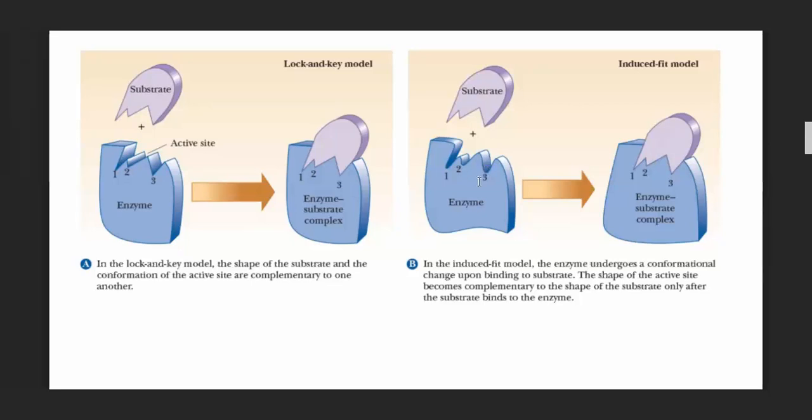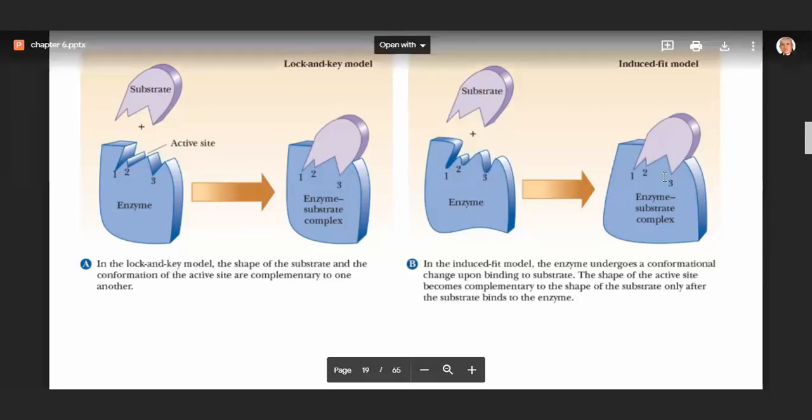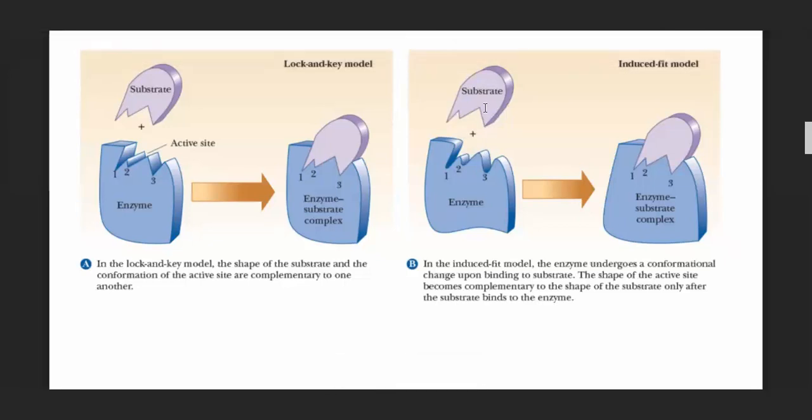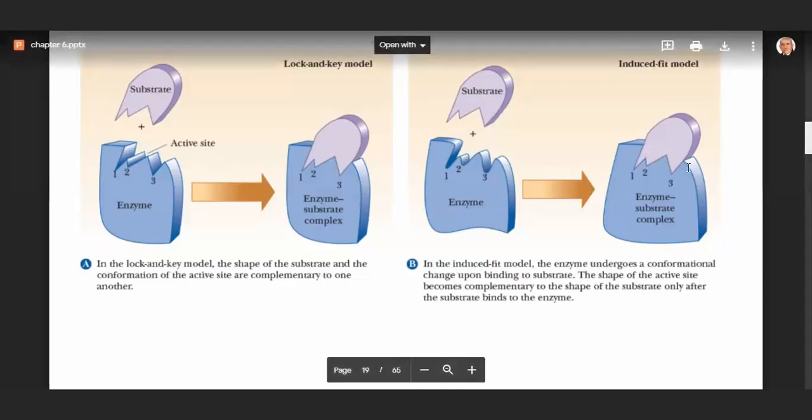Now the shape of the active site becomes complementary to the shape of the substrate only after the substrate binds to the enzyme. Before that, there is no complementarity, but once the substrate approaches and is about to bind, the enzyme undergoes this conformational change in order to fit the substrate.